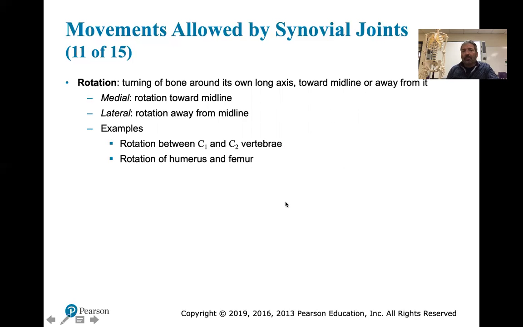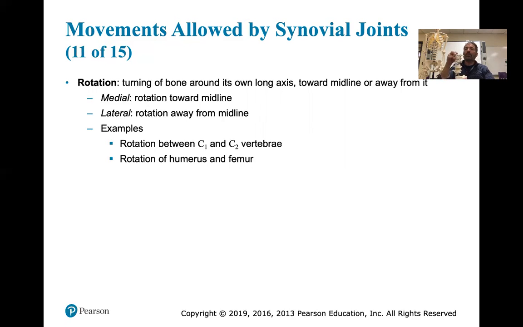Rotation is turning of a bone around its axis, towards the midline or away from it. I showed you supination and pronation, where the radius and ulna have an interosseous membrane between them. Medial rotation is towards the midline, and lateral is rotation away from the midline. Examples would be rotation of the head at C1 and C2.